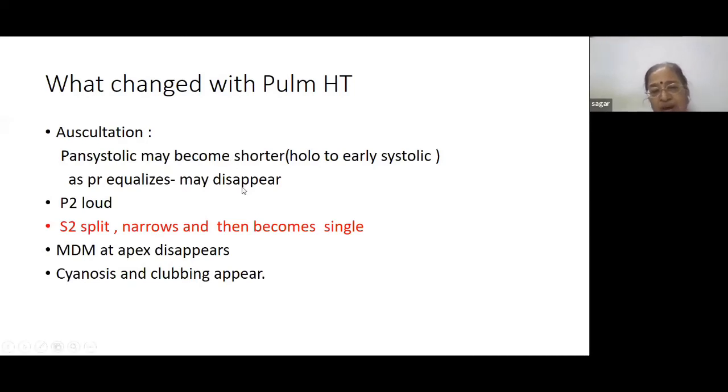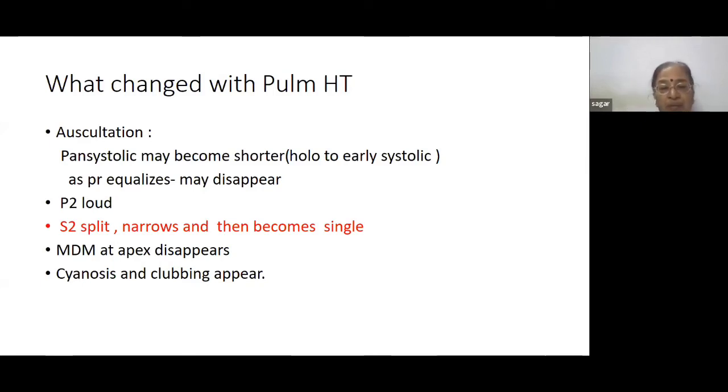That is why that man, which I showed you in the problem, did not have a murmur across the VSD. P2 will become loud, of course. S2 is split, narrows, and then becomes a single S2, which is characteristic of a VSD. The MDM at the apex will disappear, of course, because not much flow can happen; the pulmonary artery hypertension is so much that the pulmonary flow comes down.